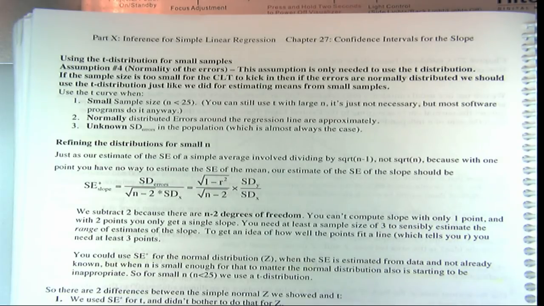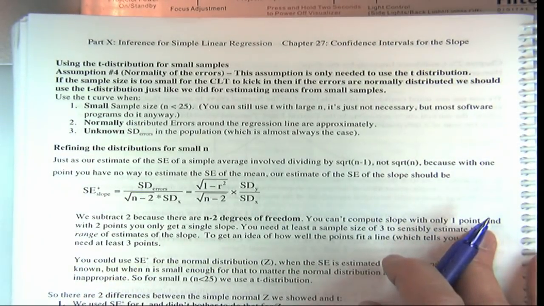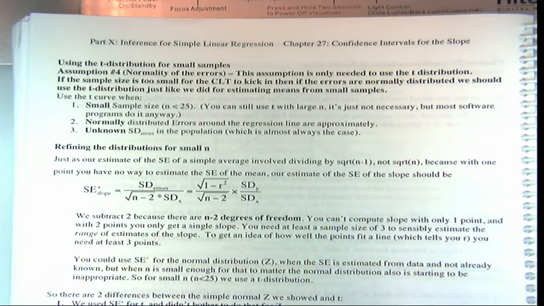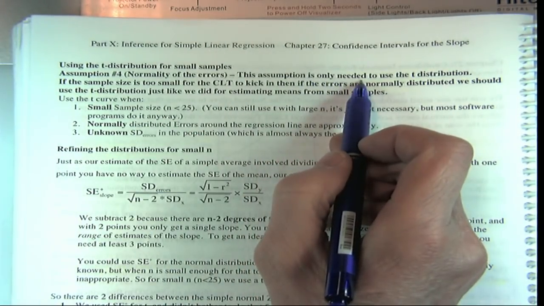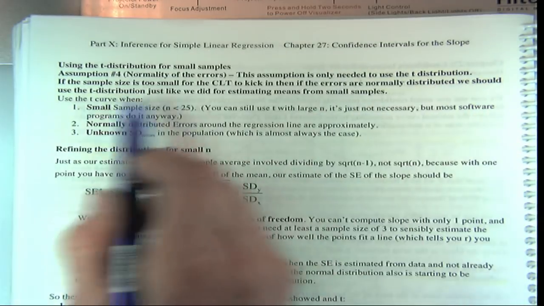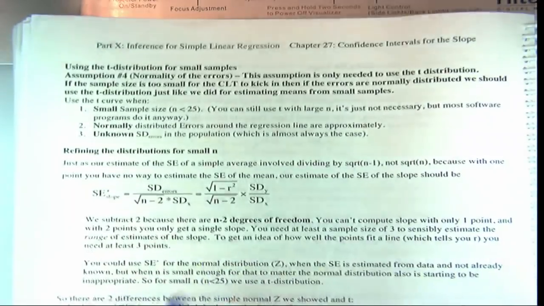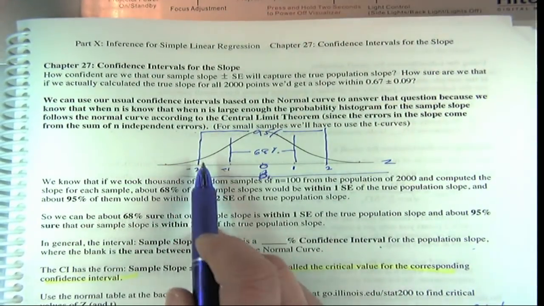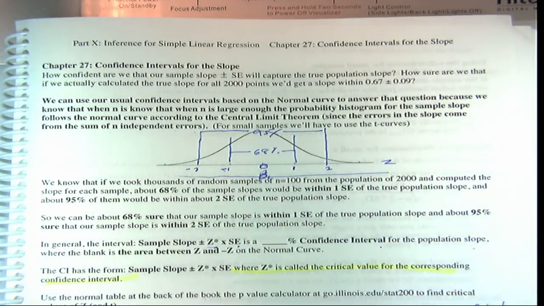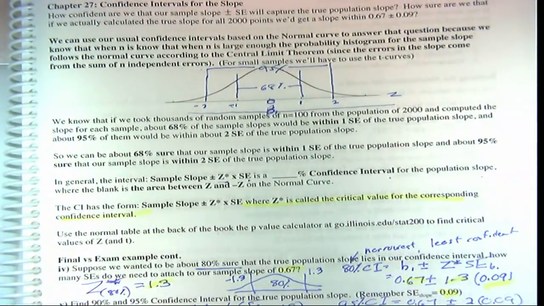So now, this other assumption, the normality of the errors, where does that come in? We only really need that assumption if we're going to be using the t. We don't really need it here, because we said assume n is big enough that the central limit theorem kicked in, so we can use this normal curve and the z.